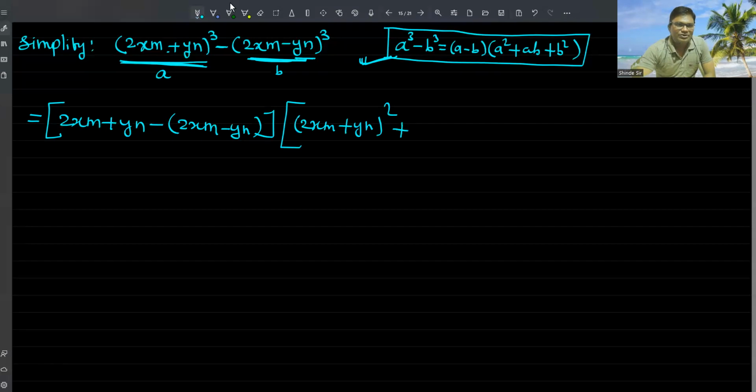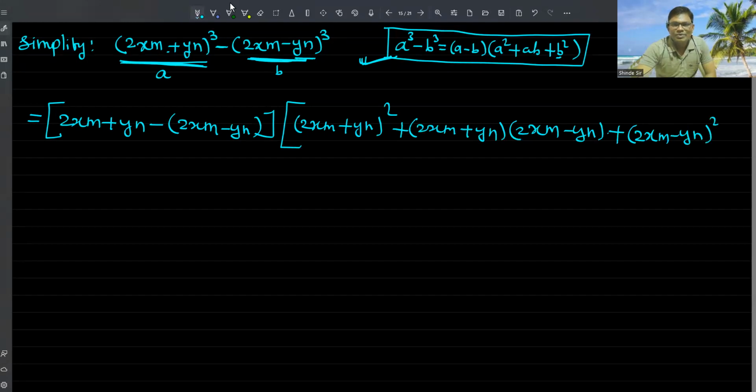Then plus the product of the two bases, and here that product will be the product of these two brackets, means 2xm plus yn times 2xm minus yn, and lastly the square of b means the square of the second bracket, and that is 2xm minus yn whole bracket square, and the square bracket is closed.